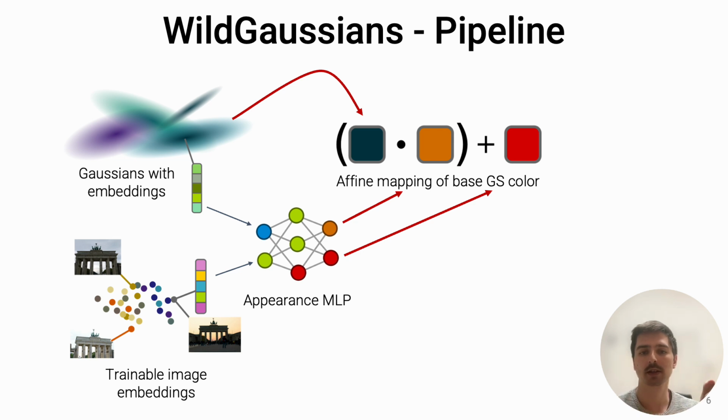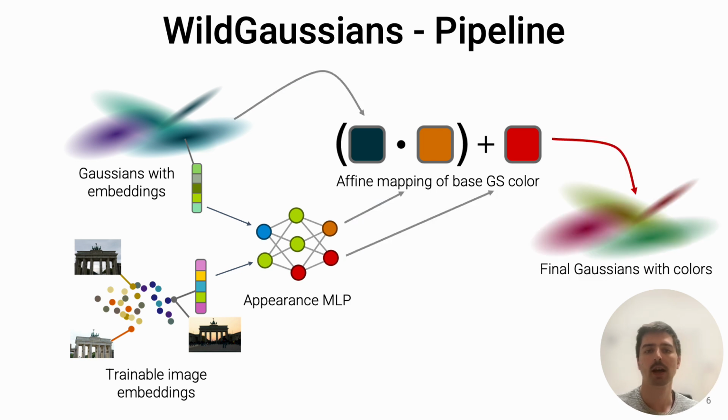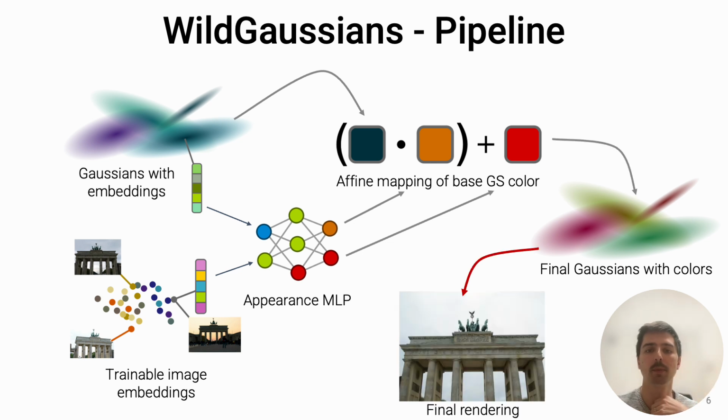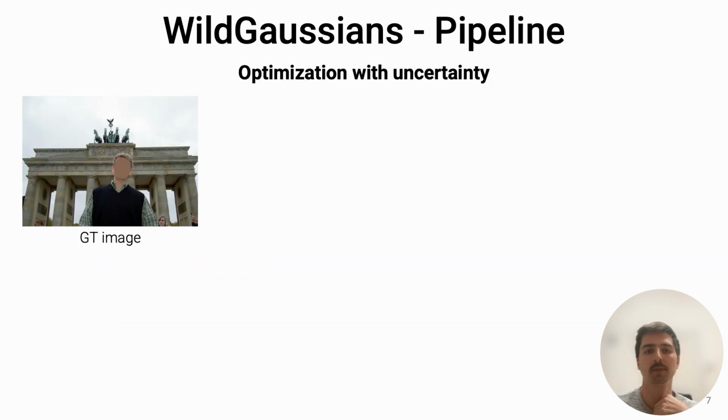And we use this affine color transformation to transform the original view-dependent colors stored in each Gaussian. This gives us, for the original set of Gaussians, a new set of colors. And so we use these new Gaussians and apply the standard 3D GS rendering pipeline to get the final rendering.